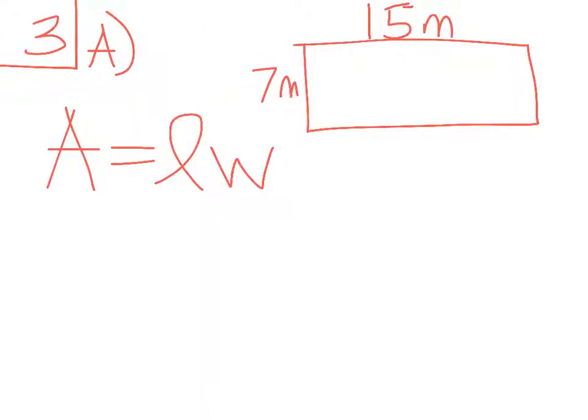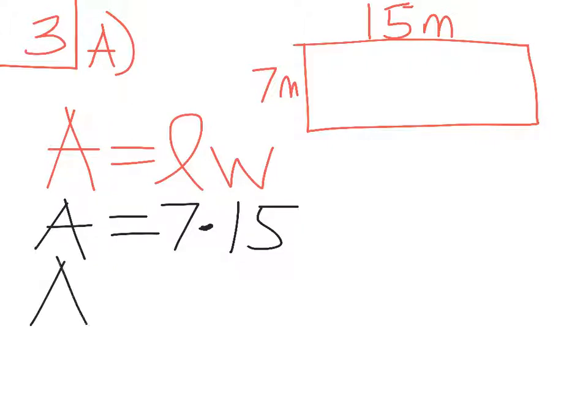Example 3 on page 164. There's part A and B. A says find the area of a rectangle with length 15 meters and width 7 meters. We know this formula, A equals LW. And since we're looking for the area, they have given us the length and width, 7 times 15 or 15 times 7.